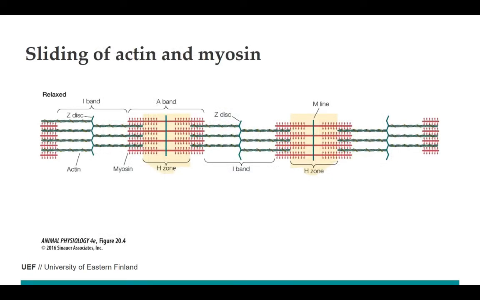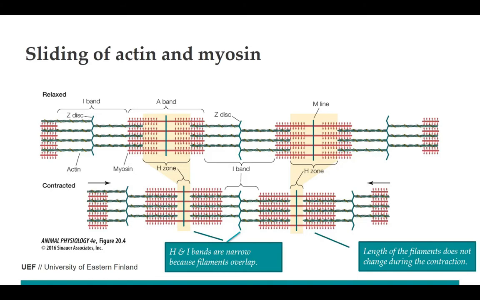So the sliding affects that these H and I bands are more narrow because they are overlapping. And the length of these filaments is not changed. They are just moving across each other.